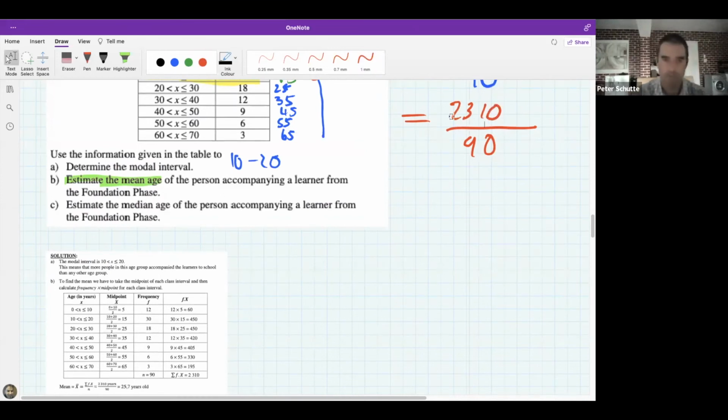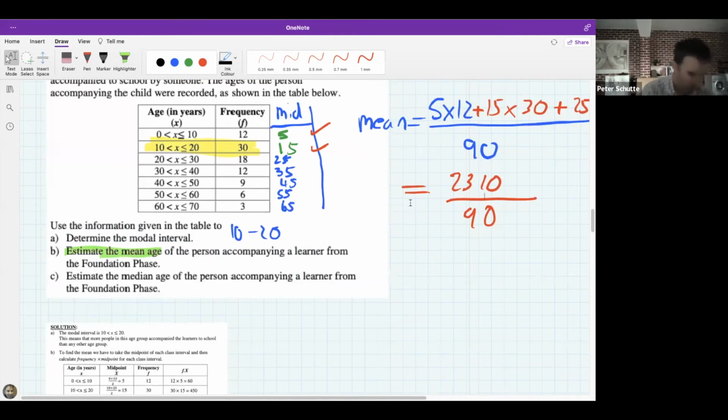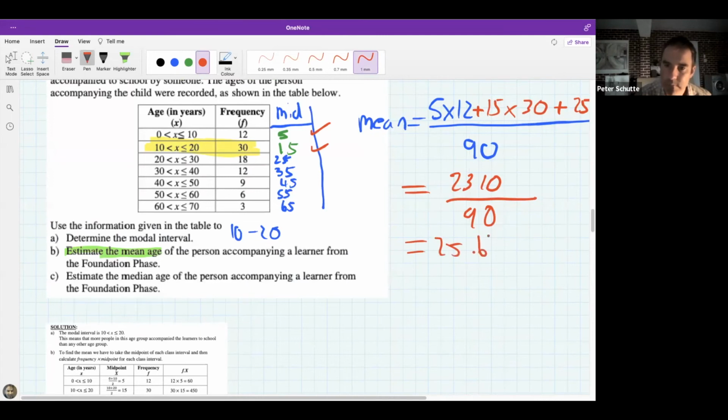And if you get that, let me turn on my extra lights so I can see my calculator. 2,310 divided by 90. You should get 25.67 is the correct answer. And so that's how you calculate the estimated mean.